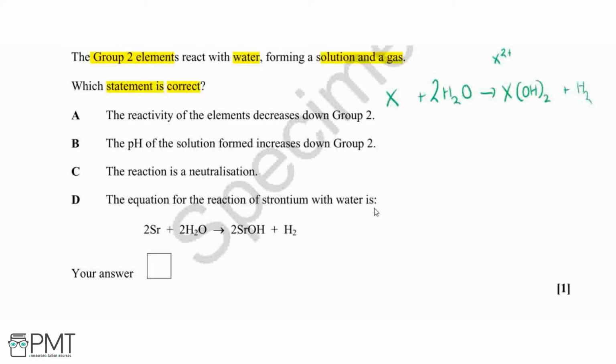So let's work through these statements now and see which of these could be correct. Statement A says that the reactivity of the elements decreases down group 2. This statement is actually incorrect, and the reason why is that as we go down group 2, our atomic radius is going to increase and the shielding is going to increase, and therefore it's going to be easier to remove the electrons from an element as we go down group 2.